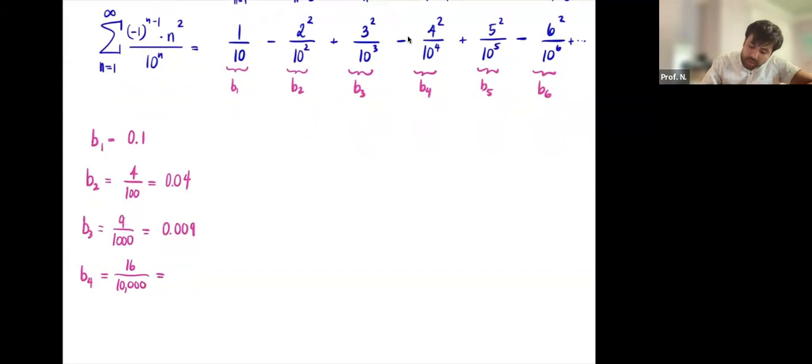which should be 0.00016. And then b sub 5 is 25 over 100,000. This would be 0.000025.